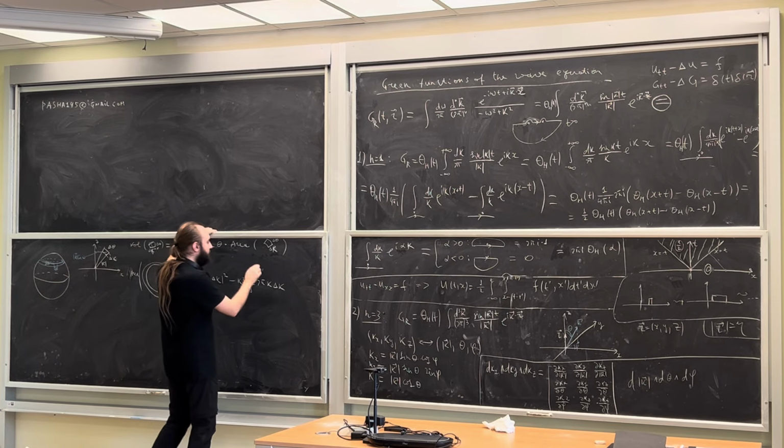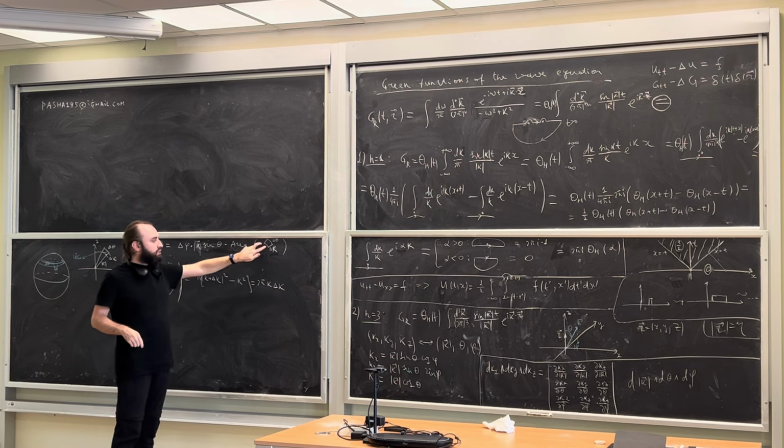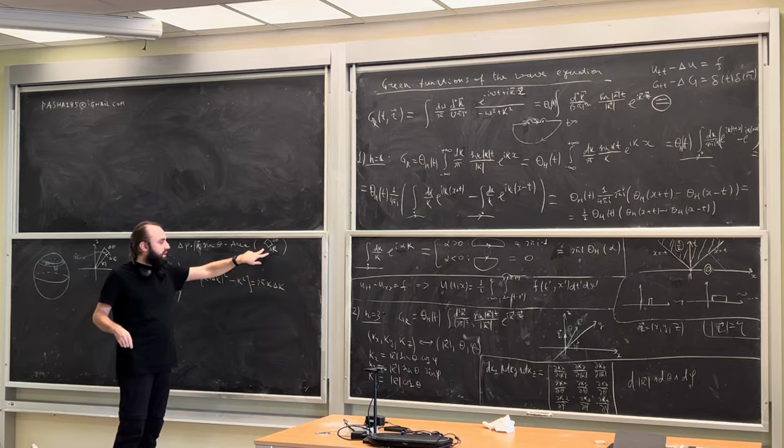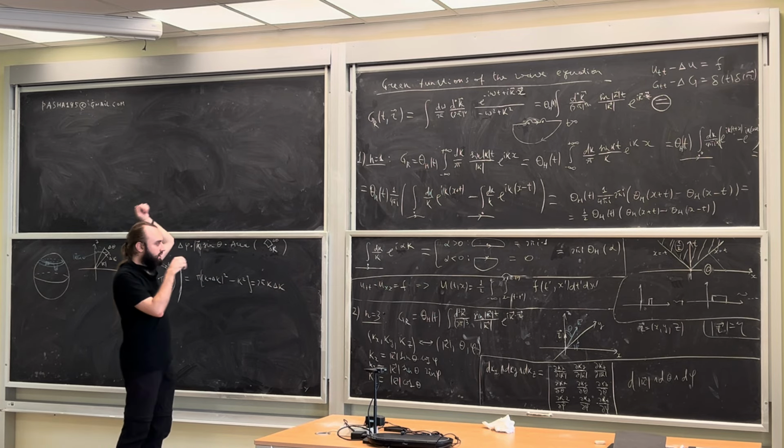So this one should equal not 2 pi k delta k, but delta theta k delta k, right?